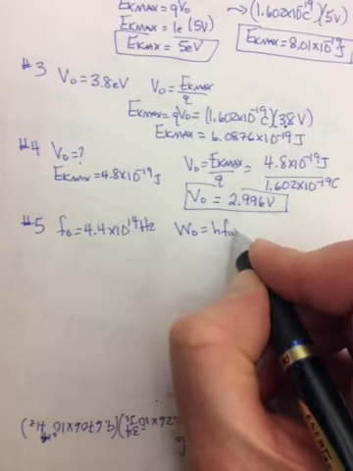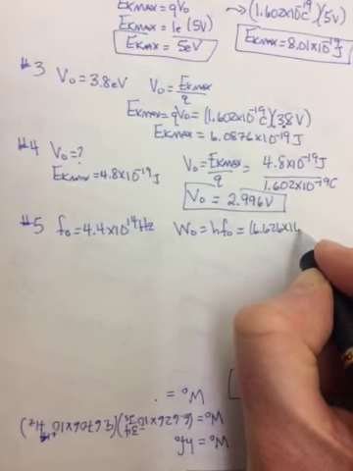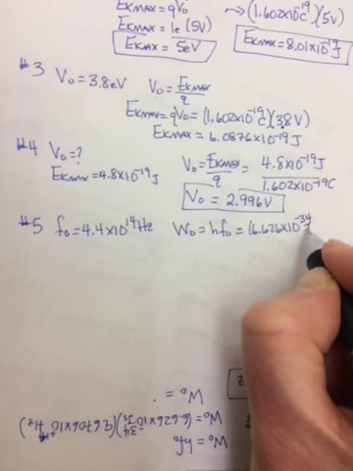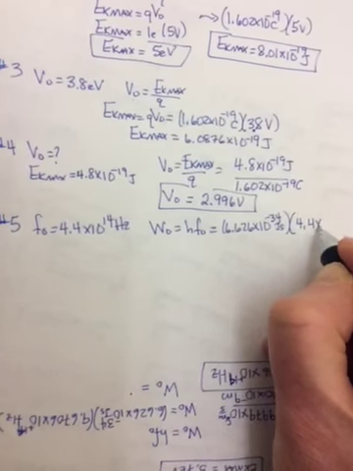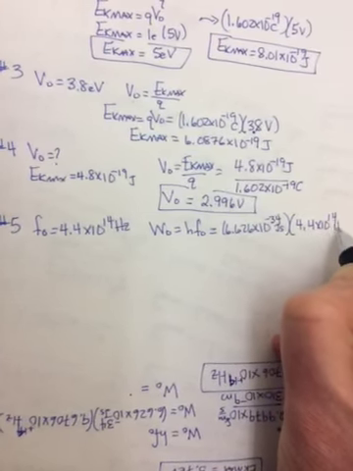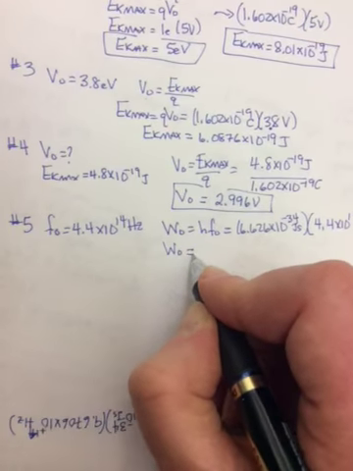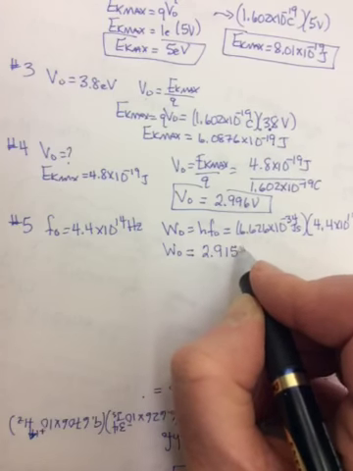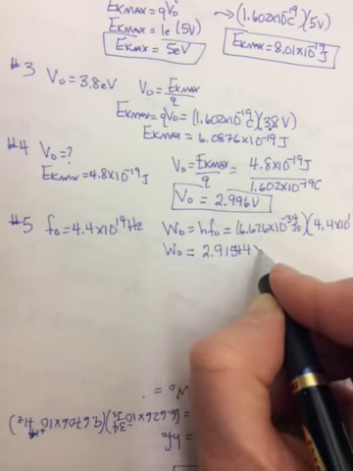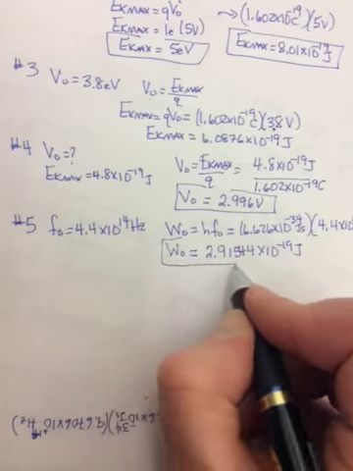It's equal to H FO. So 6.626 times 10 to the negative 34 joule seconds times 4.4 times 10 to the 14th hertz. Multiply them together and you should get 2.91544 times 10 to the negative 19 joules.